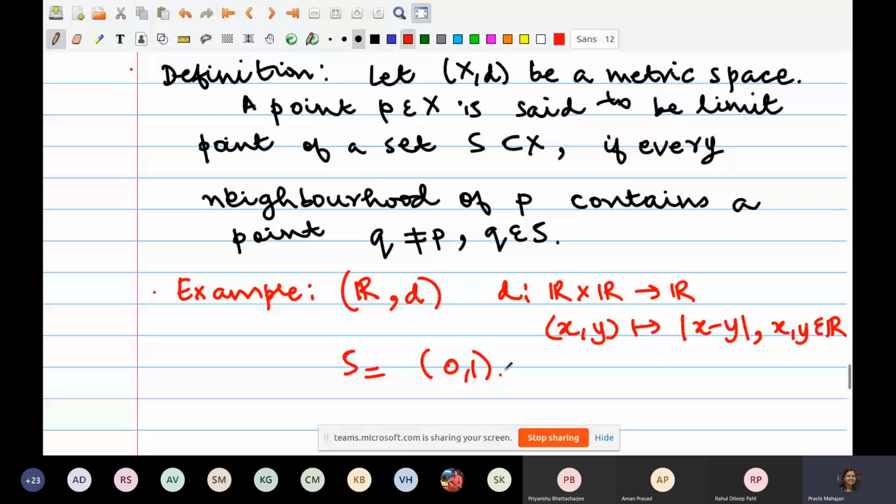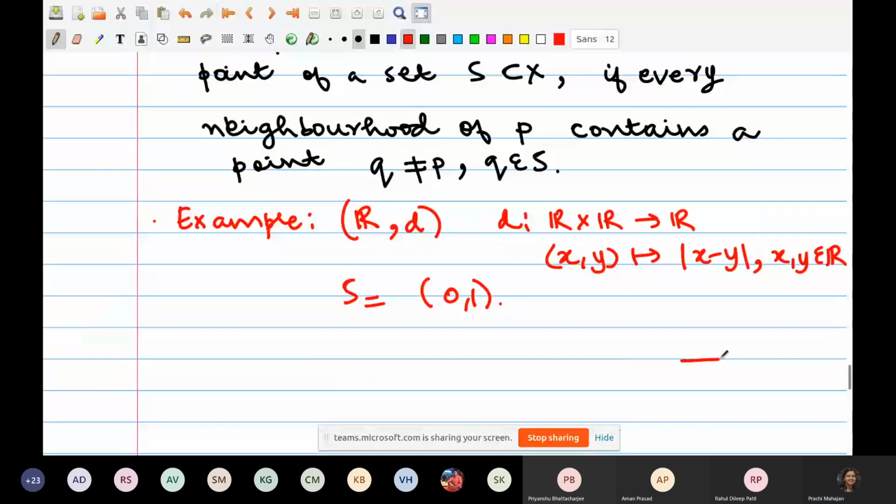Let's try to draw it, and let's take a point here. Let's consider this point half on the real line. The first claim is that half is a limit point of the set S.